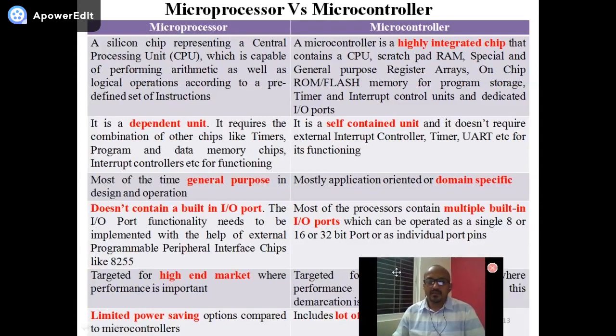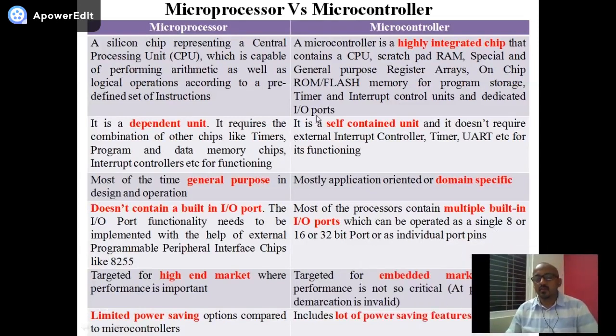So, with this we will make out the differences between the microprocessor and microcontroller. Here the microprocessor represents the CPU of the silicon chip, and a microcontroller is a highly integrated chip. So, here the CPU, scratchpad RAM, ROM, ports, timer, registers, everything is on a single chip.